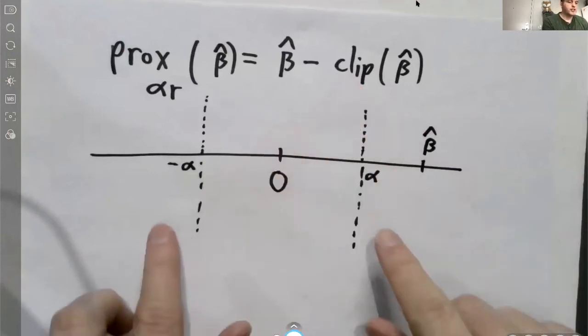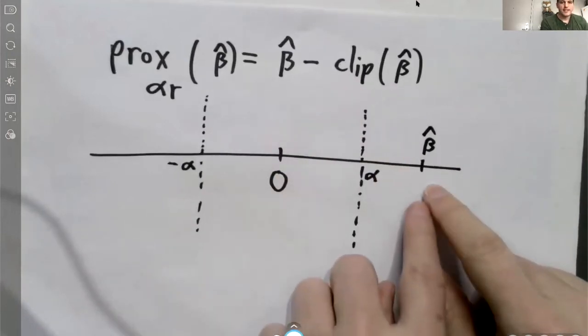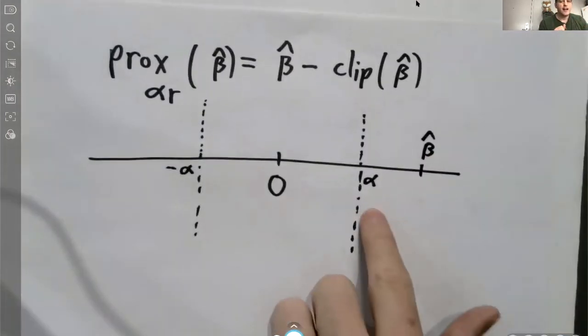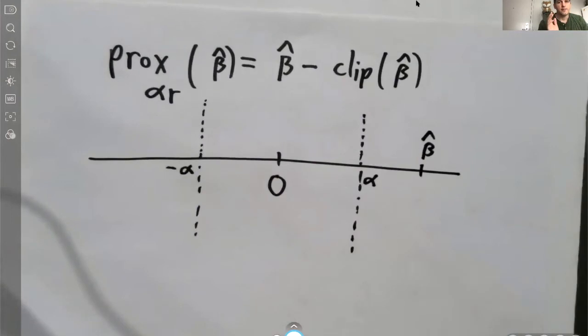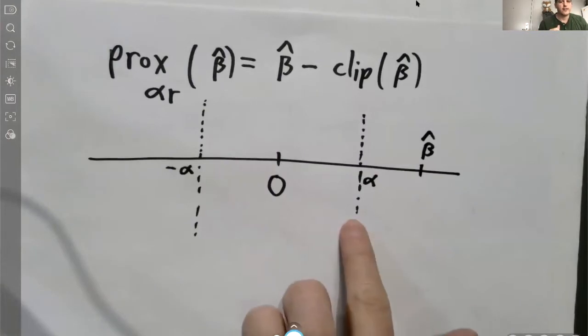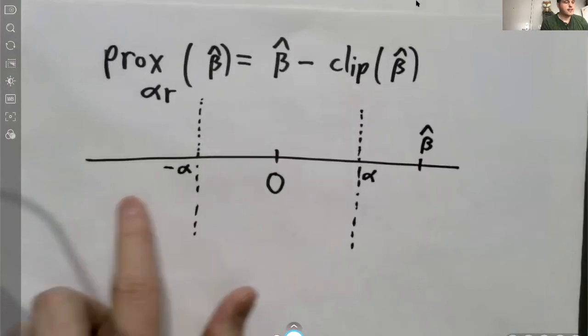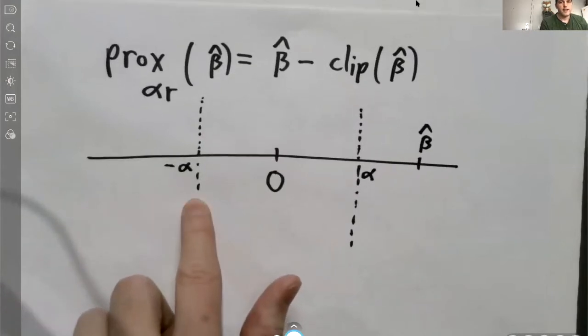This clip function takes a number beta hat as input and it just clips it. If beta hat is greater than alpha, then it gets clipped and the result is just alpha. So inputs that are larger than alpha get clipped down to alpha. Inputs that are less than minus alpha get clipped so that the result is just minus alpha.